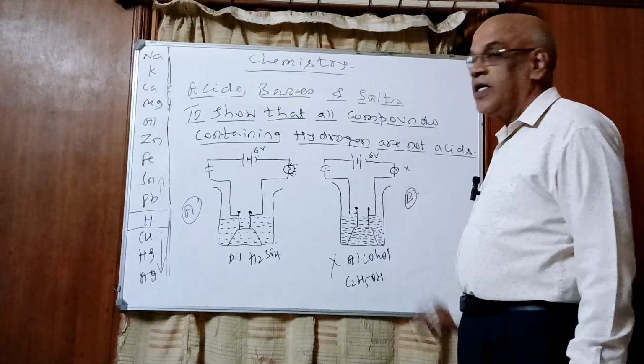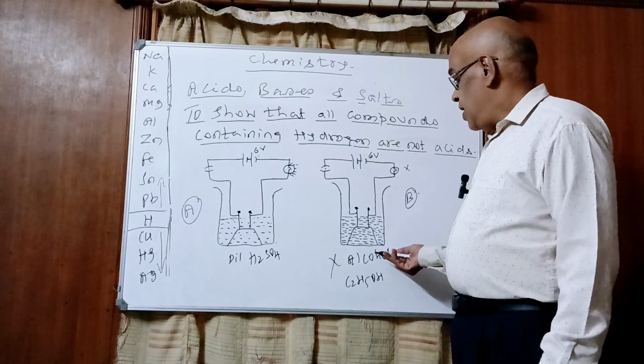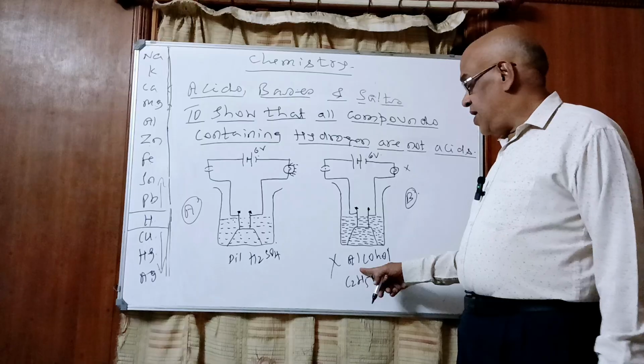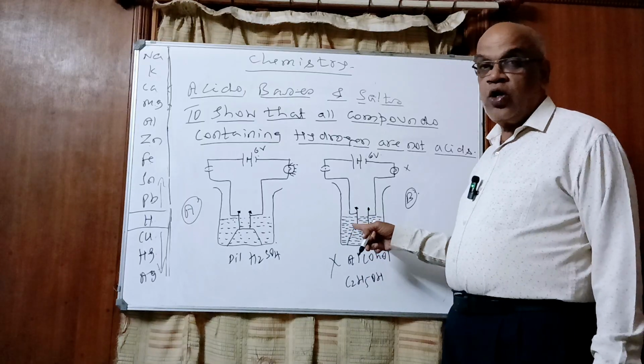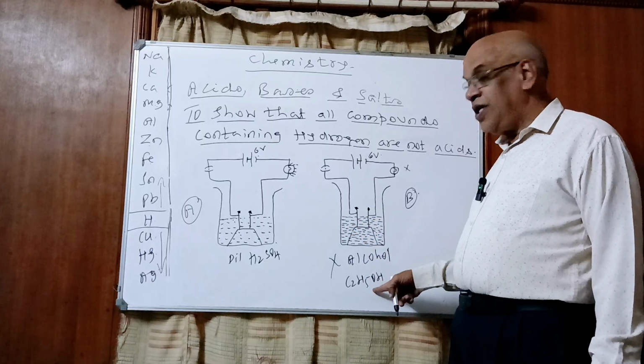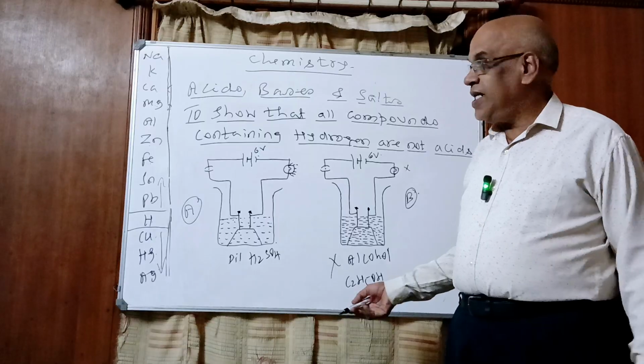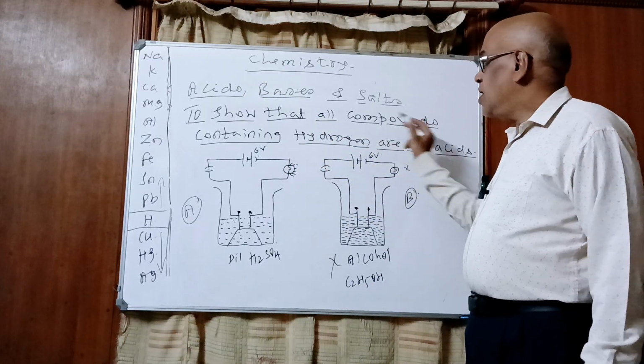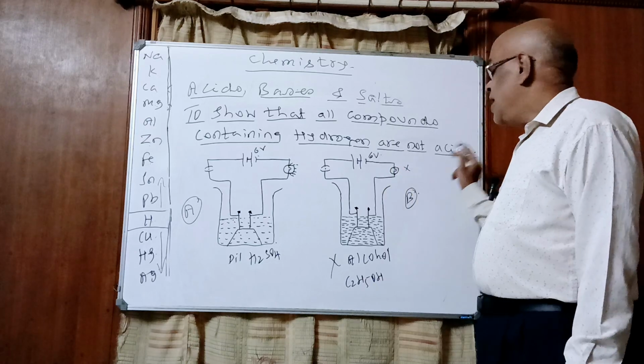The bulb does not glow. Again, what does it indicate? There is no current passing in the circuit. Why? The chemical taken is alcohol. Though alcohol contains hydrogen, it does not conduct electricity. This is a simple experiment to prove that all compounds containing hydrogen are not acids.